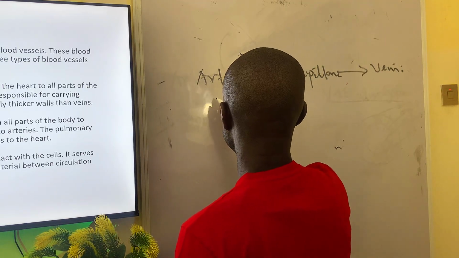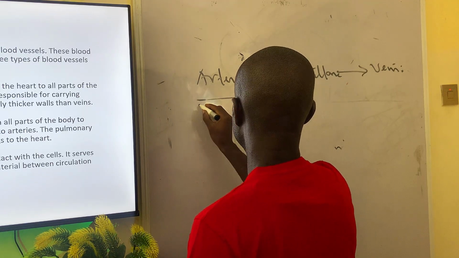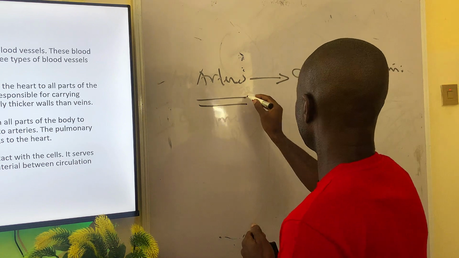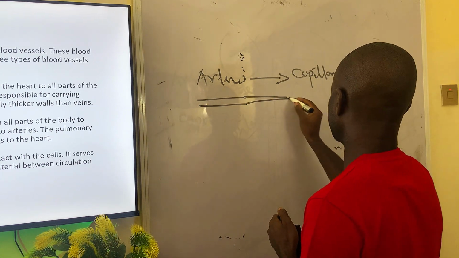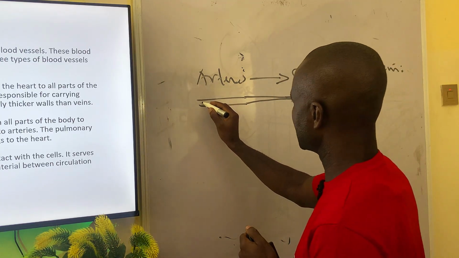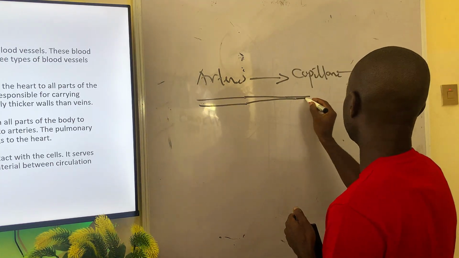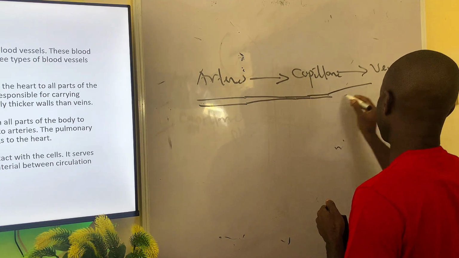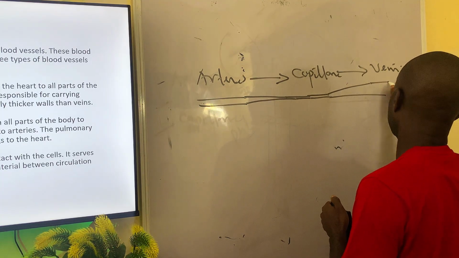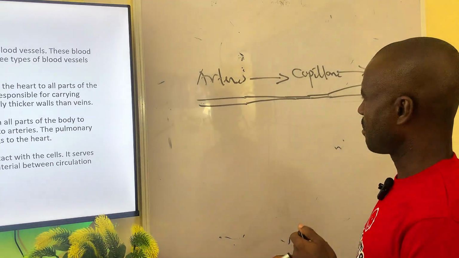The artery is thicker and wider, and it becomes narrower as it goes down here. That's the capillary, and then the vessels become wider again here. This is the format in which it is.